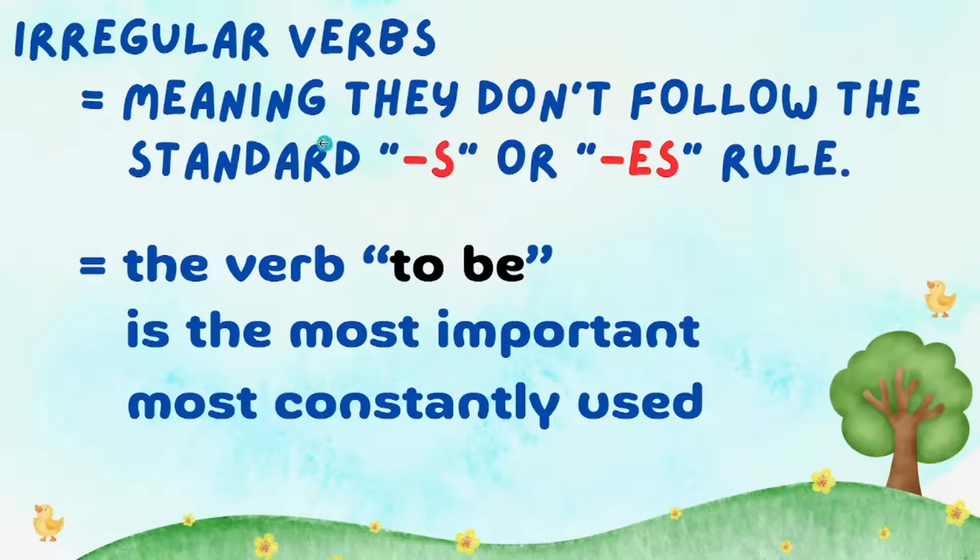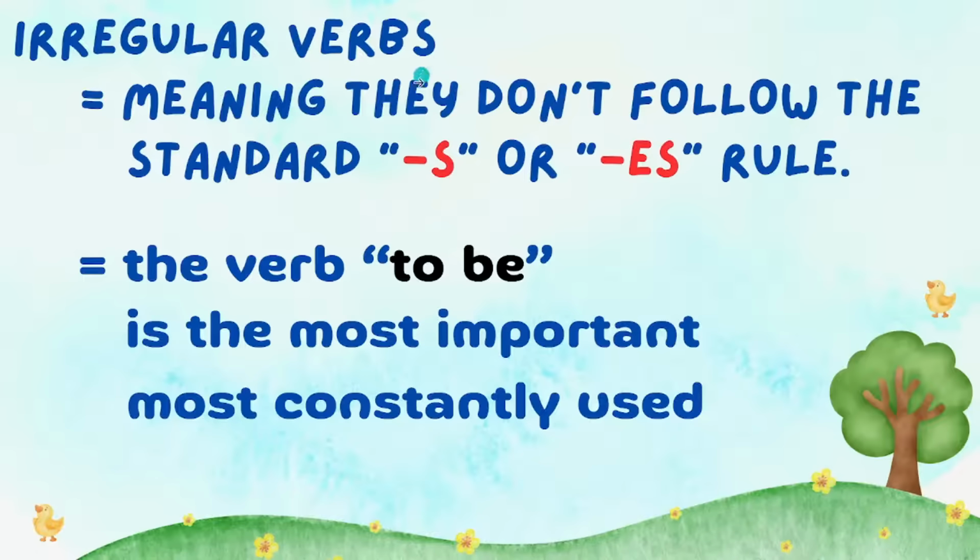All we have to do is add S or ES to the verb as a rule. When we say irregular verbs, meaning they do not follow the standard rule.